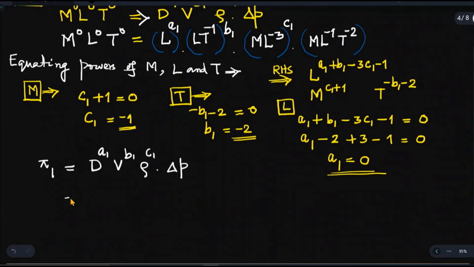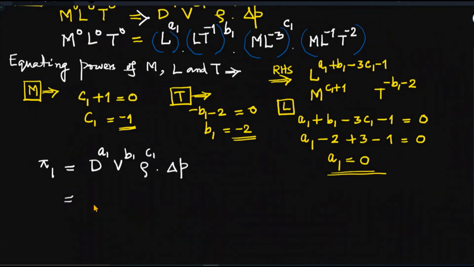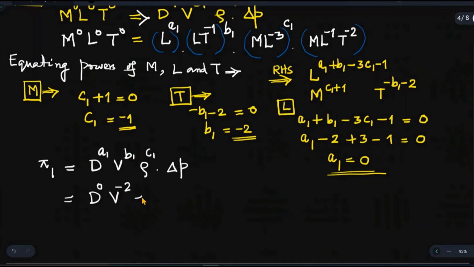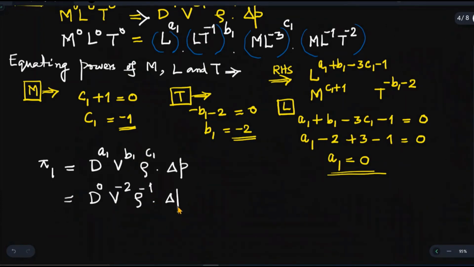To incorporate a1, b1, c1, substitute what we just found out. So d raised to a1, a1 is 0, v raised to b1, b1 is minus 2, rho raised to c1, c1 is minus 1, then into delta p.